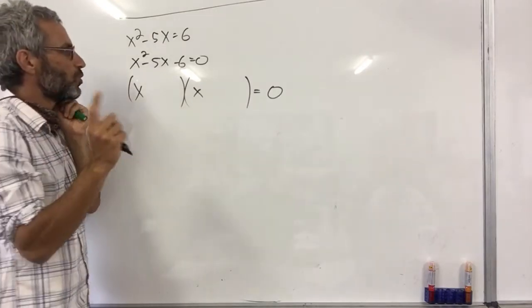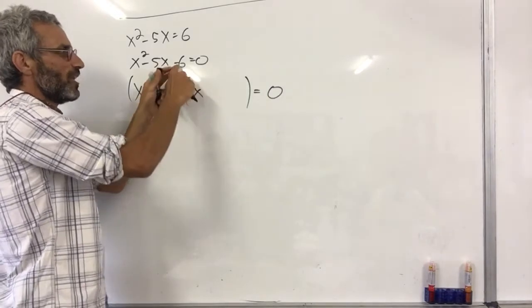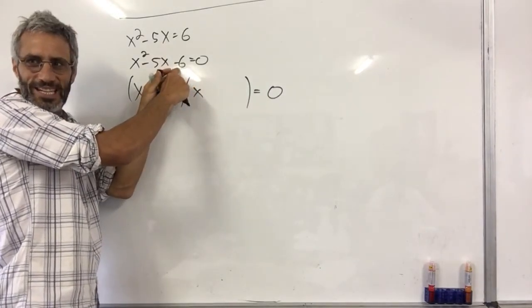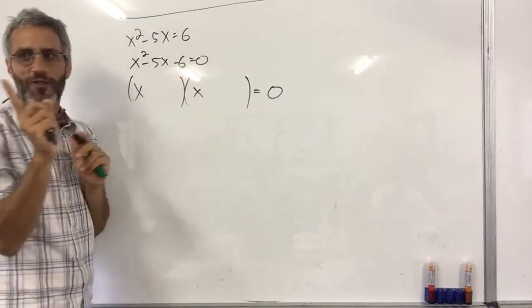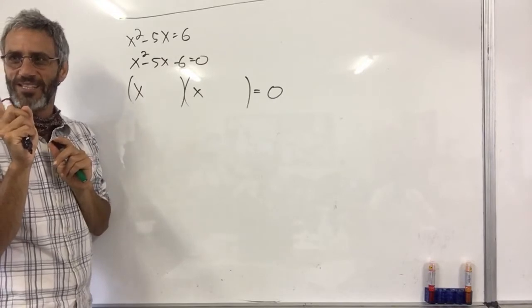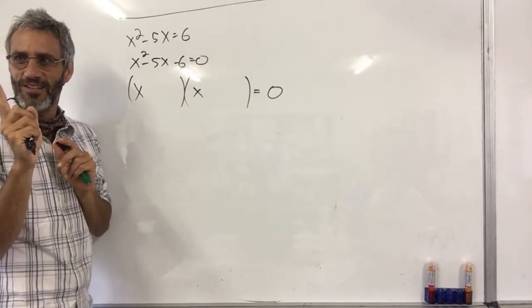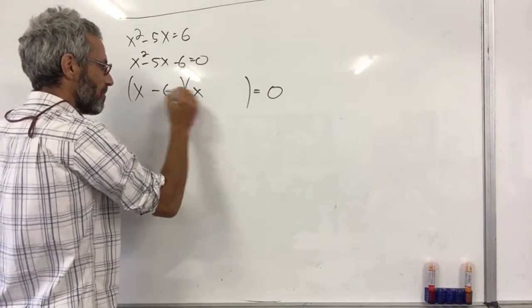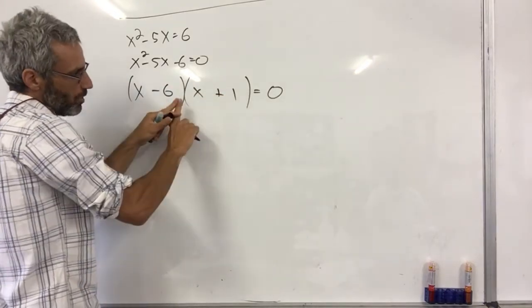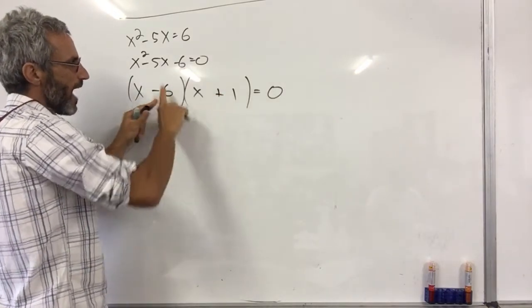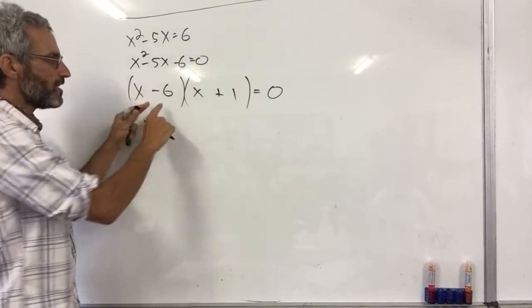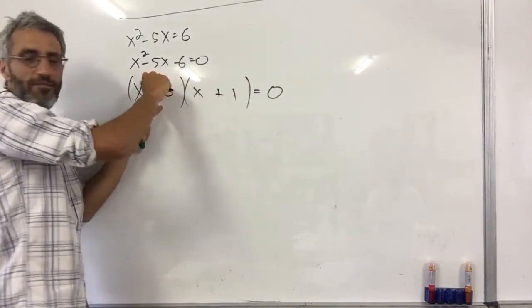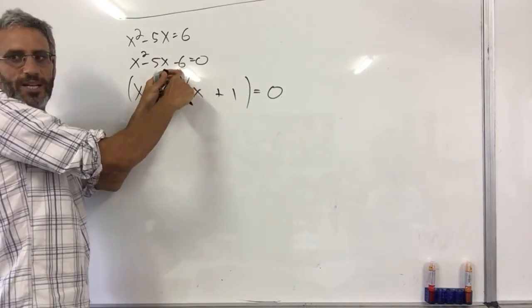Well, negative 2 times negative 3 gives you plus 6. 6 and 1, yes, but one of them will be minus. Which one? Minus 6 and plus 1. When you multiply, you get minus 6; when you add them, you get minus 5. If we did minus 2 and minus 3, it would give us a plus.